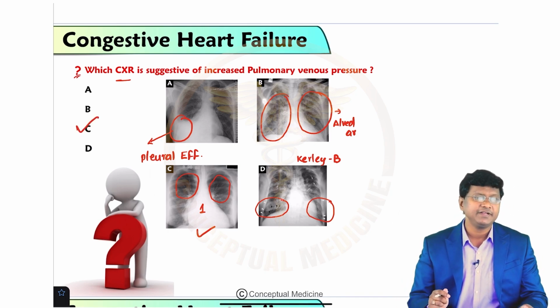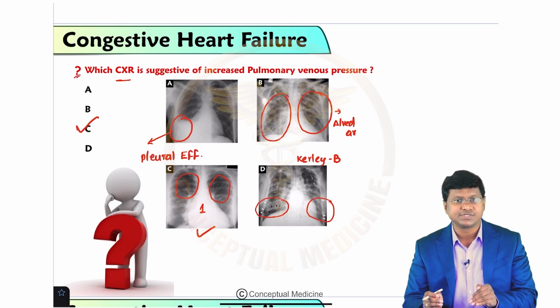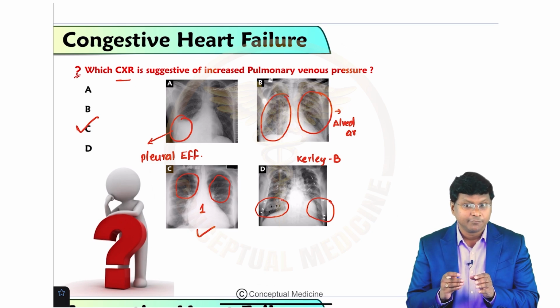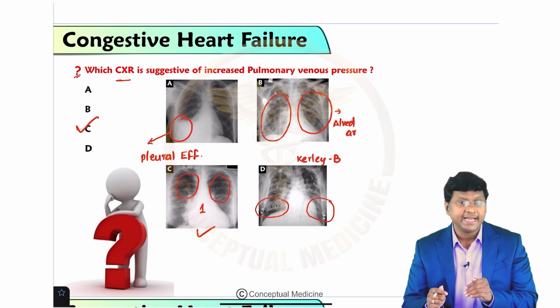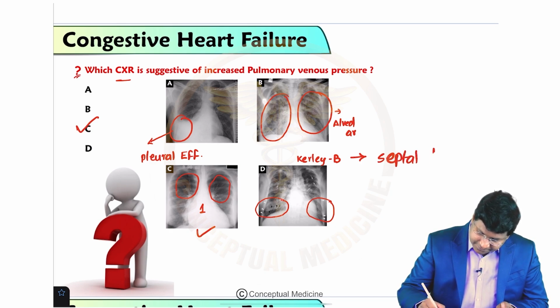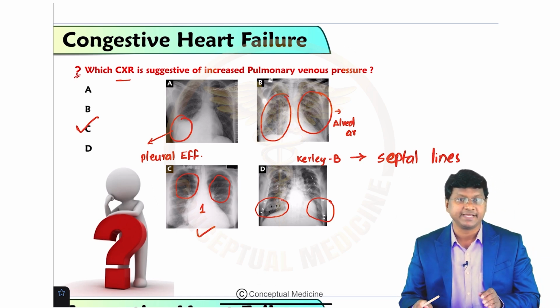Now, after having discussed the chest X-ray picture in patients with congestive heart failure, see, Kerley B lines, I have said, are the accumulation of the fluid within the interstitium at the base of the lung. And these Kerley B lines are also known as the septal lines.